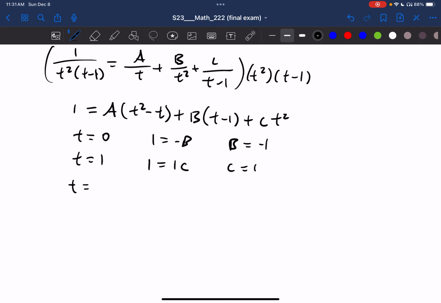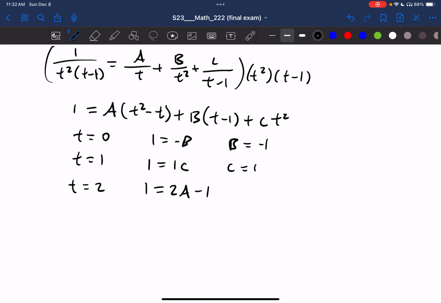Now we tried 1, we tried 0. Let's try 2 then. If we do 2, it's going to be 1 is equal to 2a plus b. 2 minus 1 here is going to be 1, so it's going to be b, which is negative 1.